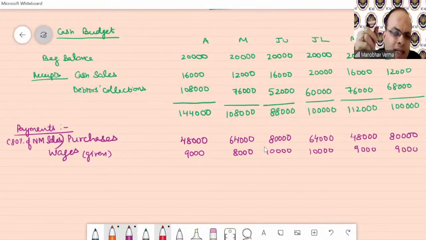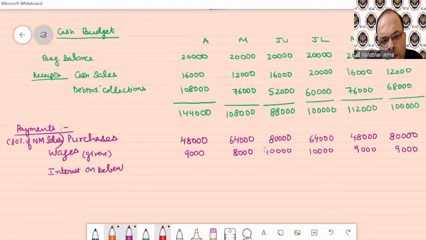I think we have interest on debentures quarterly in January and April. So 10% is the interest on debentures. Guys, how much amount do we need to pay as interest on debentures? There are 10% debentures of 1,20,000, so yearly interest comes out to be 12,000. And they're asking us to make a payment quarterly.